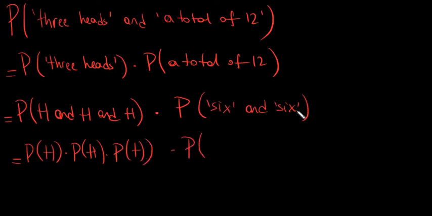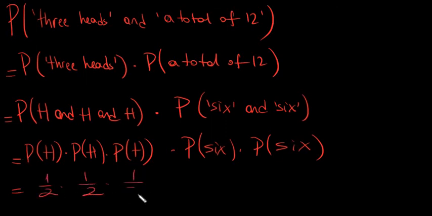And these two also are independent. So I'm going to write the probability of getting 6 times the probability of getting 6. Let's be fast. It is 1 over 2, 1 over 2, and 1 over 2, times 1 over 6, and 1 over 6. 1 times 1 times 1 times 1 times 1 is 1. 2 times 2 times 2 times 6 times 6. 2 times 2 is 4, times 2 is 8.